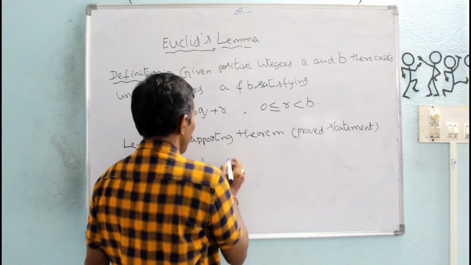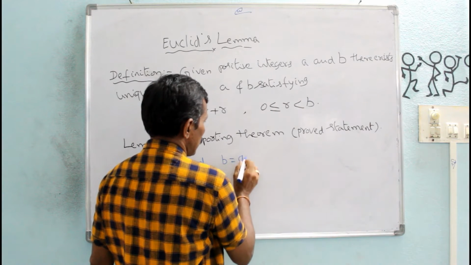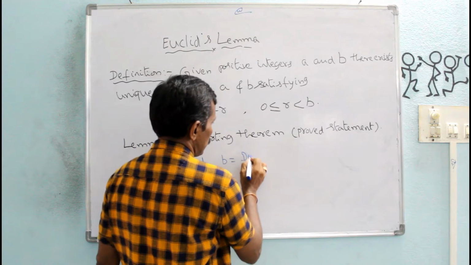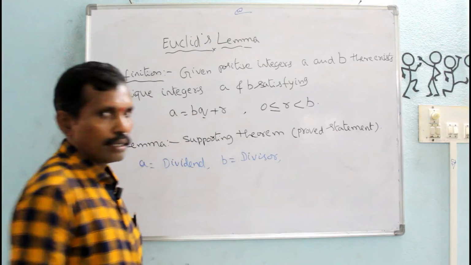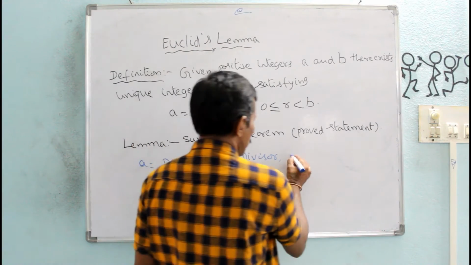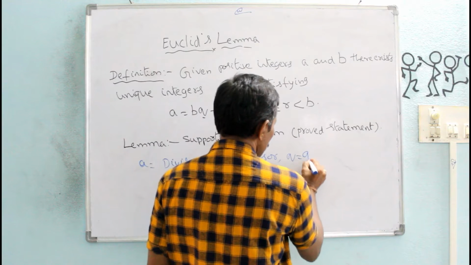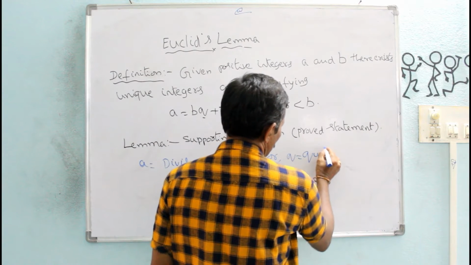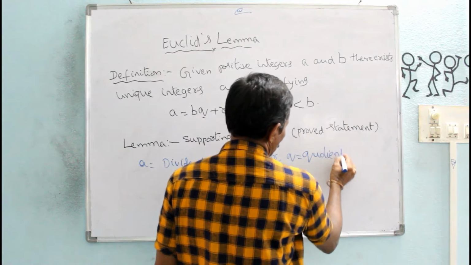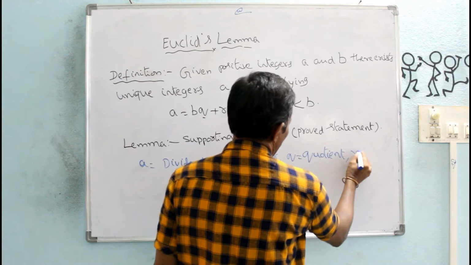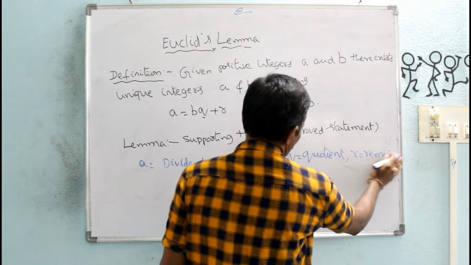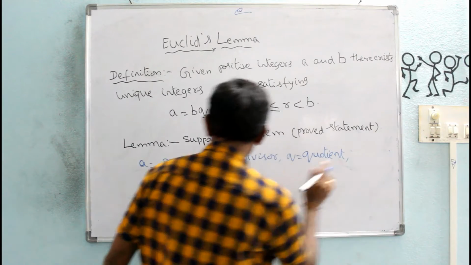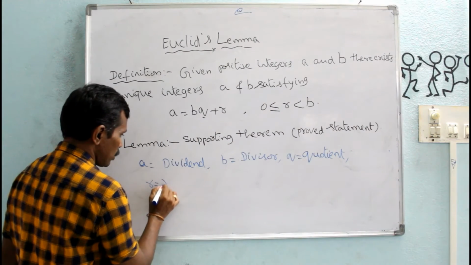Next, b is the divisor. Next, q is the quotient. r is the remainder.